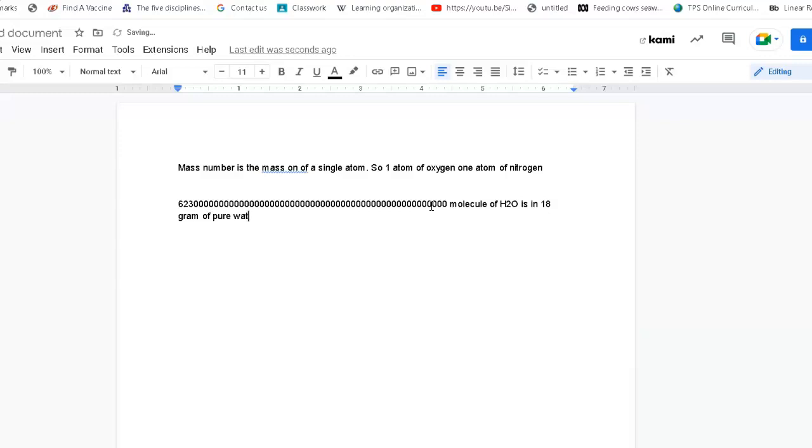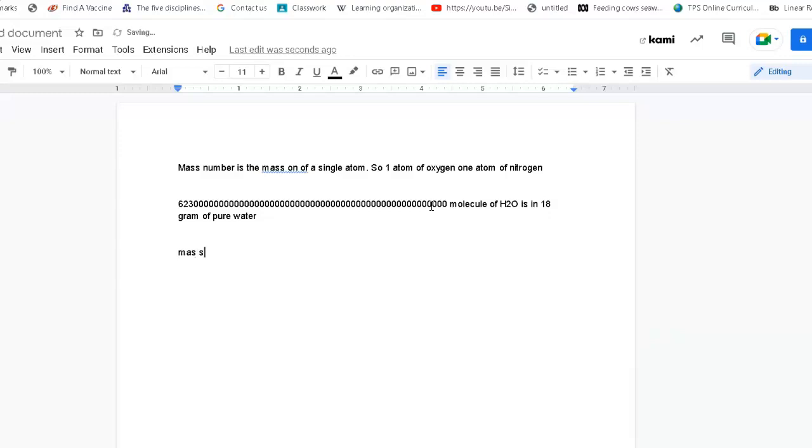Okay, so logistically and statistically we can't look at one single atom. So we have to look at the group of atoms. Because there's, I don't know how much water on Earth, just a tremendous amount. So when we do this, we can't look at one solitary atom.